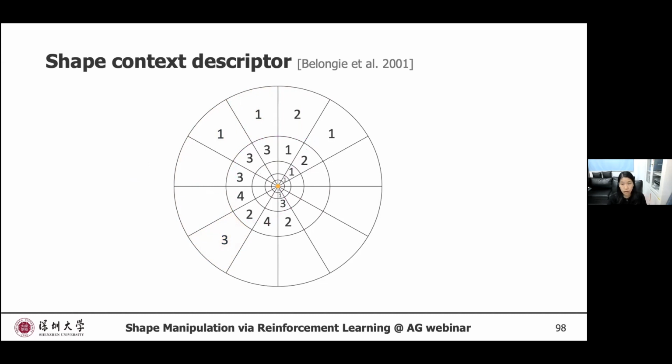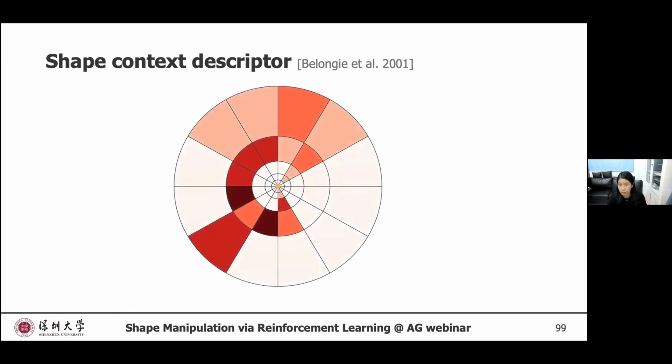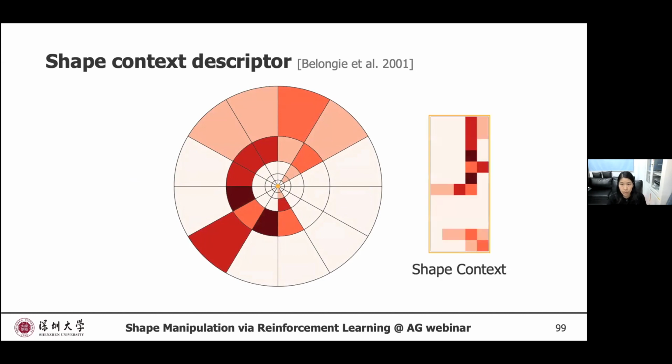After the counting, we can create a spatial histogram, which is the shape context descriptor of the central point, and it can be stored as a two-dimensional matrix.